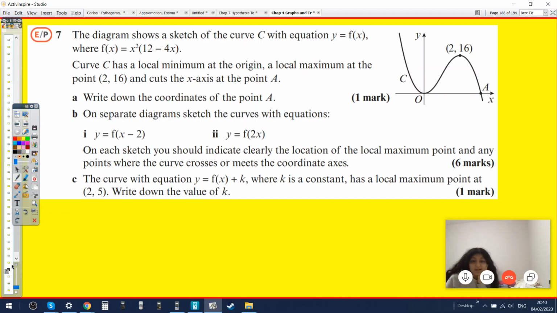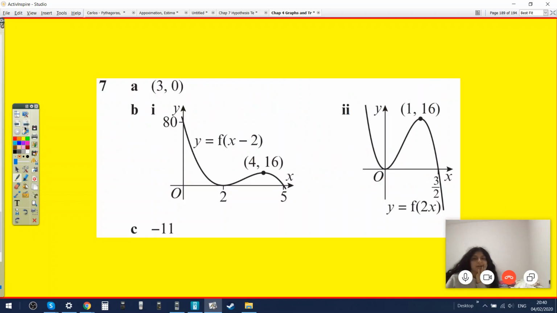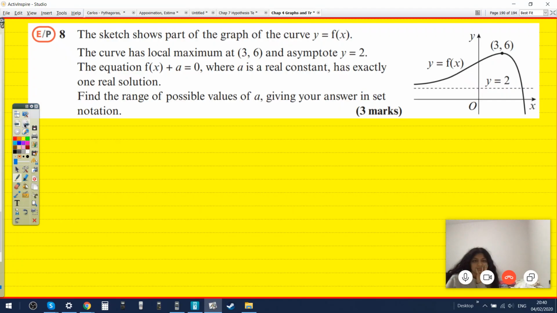I don't know if we can. No, at the value of K, that's easy. That's just minus 11, is it? No, that's easy. Minus 11. That was an easy one. This was the one, the asymptote one. This is what we were talking about.